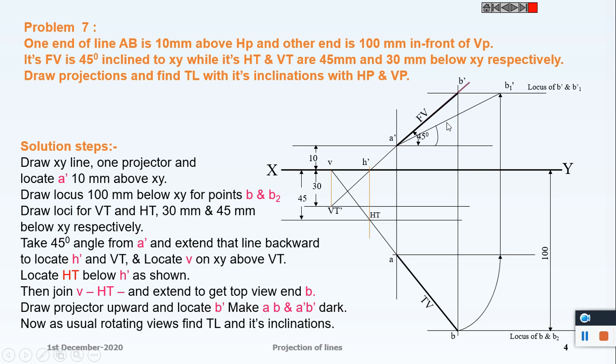So this is the true length of the line, and this angle gives the angle of inclination of the line with HP, theta.